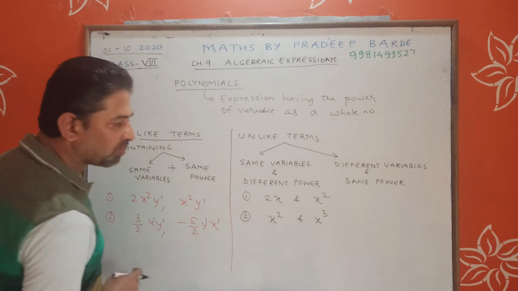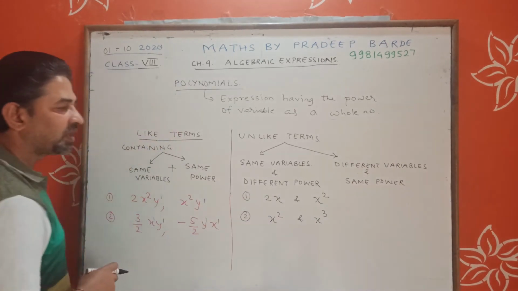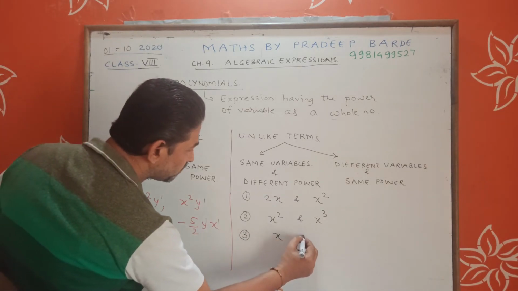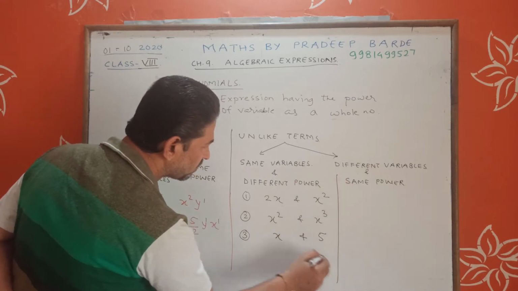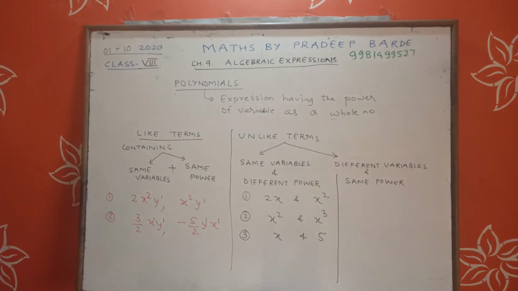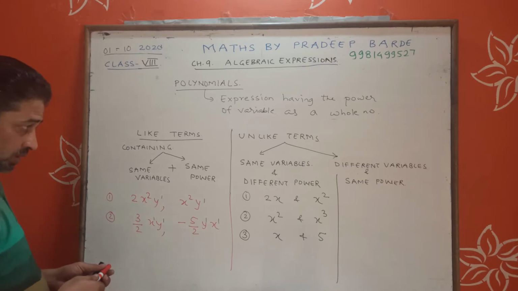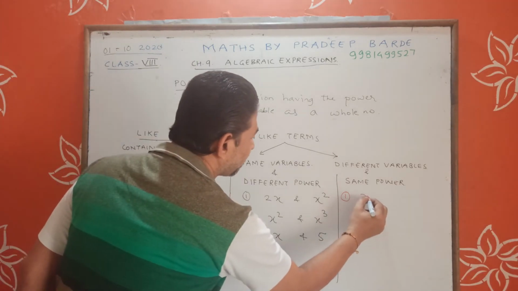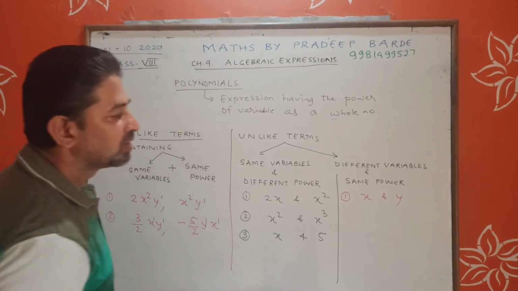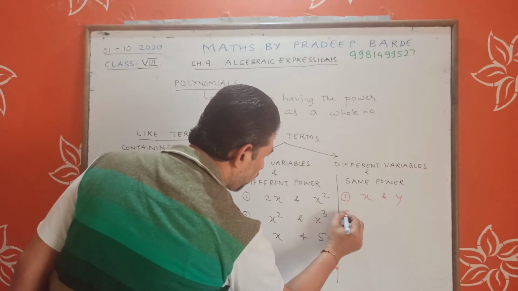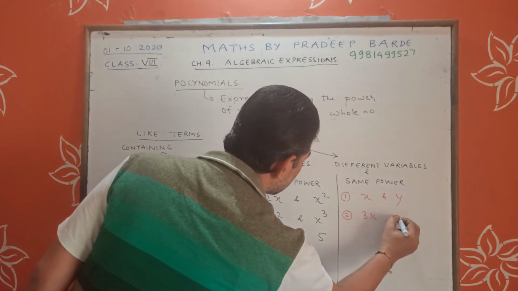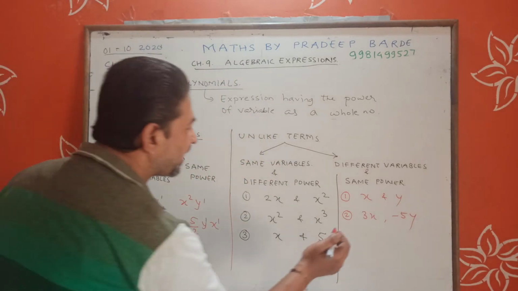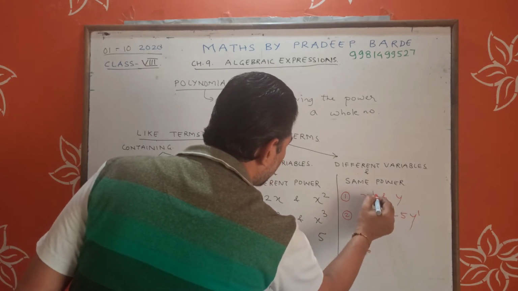We have the same variable but the powers are different, so these are unlike terms. x and 5, again these are unlike terms. Further, different variables: if you have x and y, these are unlike. If you have 3x minus 5y, both the variables have the same power, 1, 1.